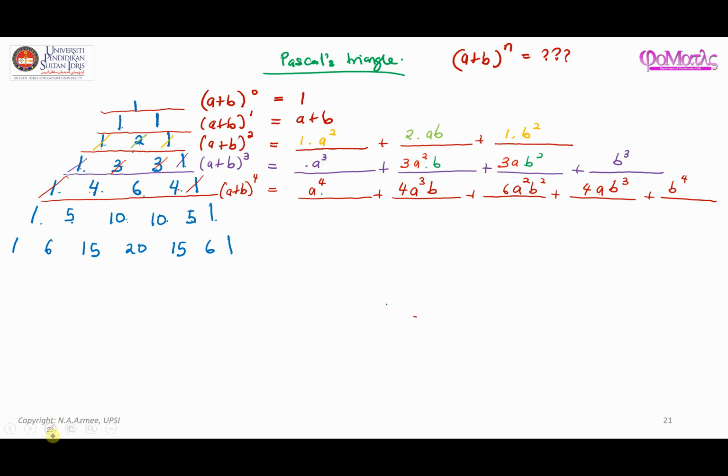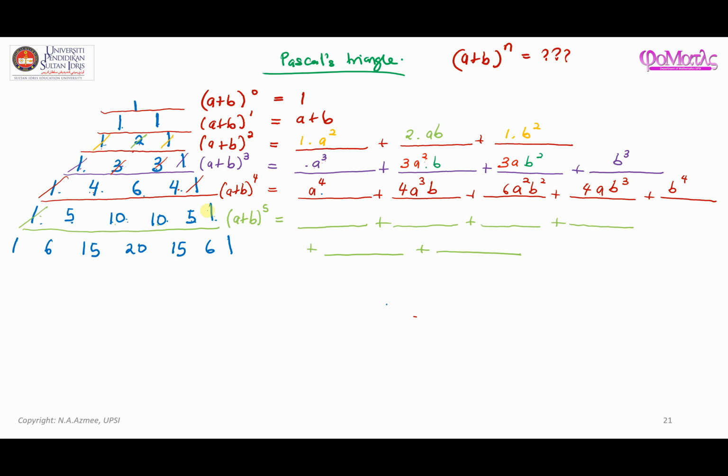Okay, now let's try and do another example till you get yourself really comfortable with this. Now here is a plus b to the power of 5. How many terms do we have? 1, 2, 3, 4, 5, 6.